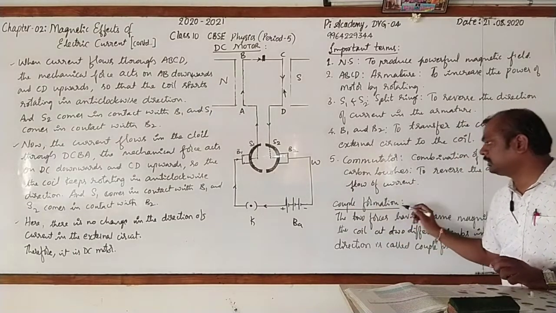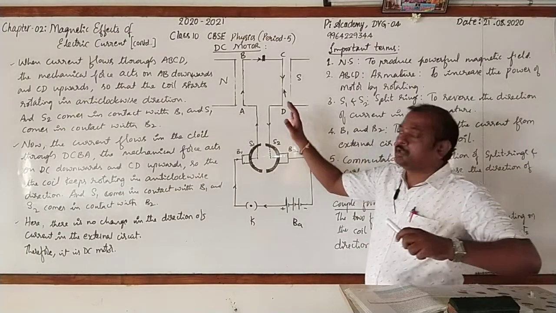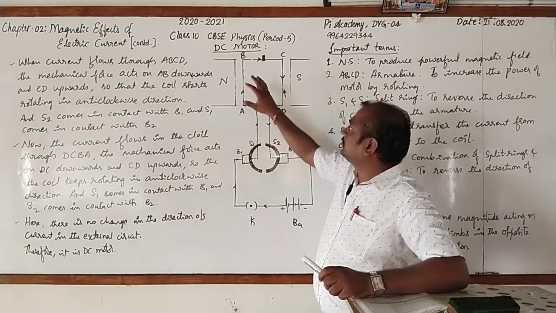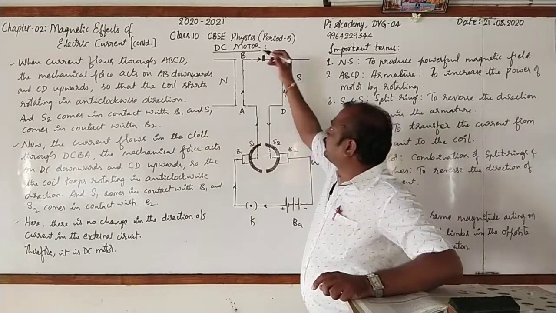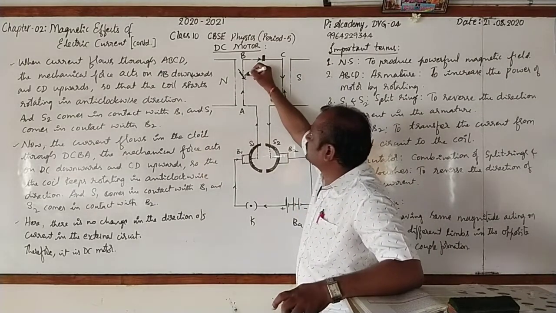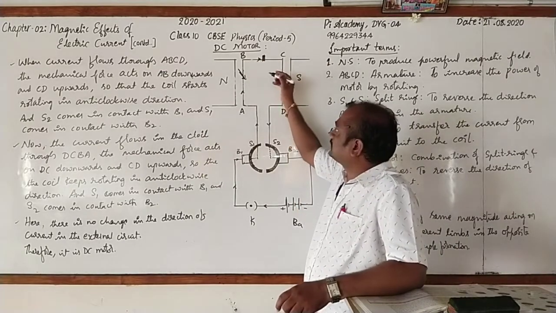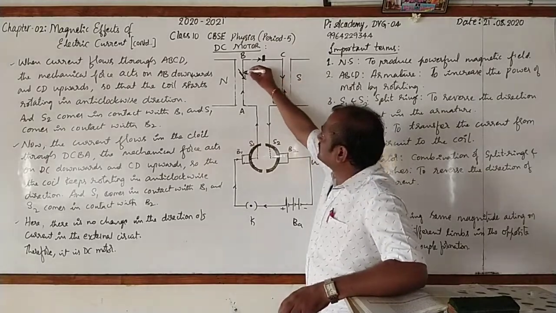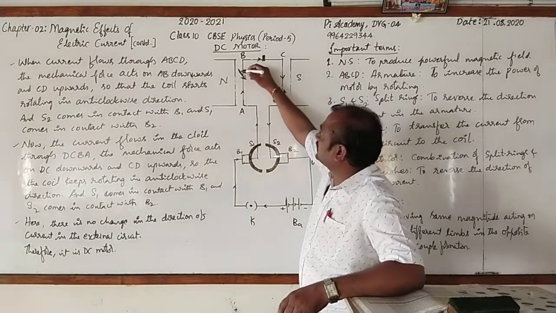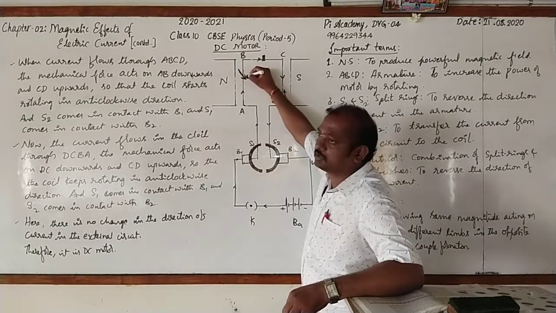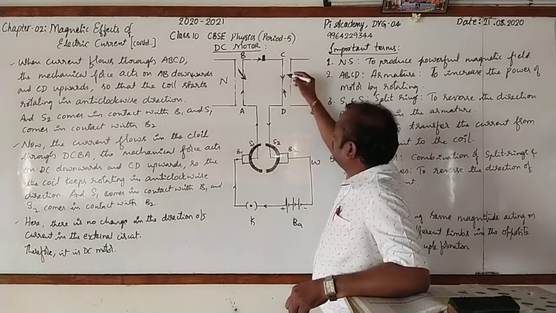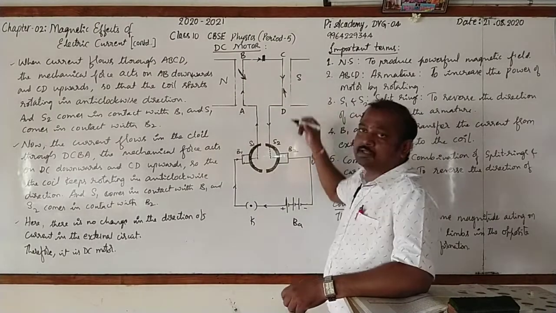And another important piece of information: I told you that in every half rotation, the mechanical force acts on the opposite limbs in the opposite direction. Here, in the first half rotation, the mechanical force acts downward on AB and upward on CD.